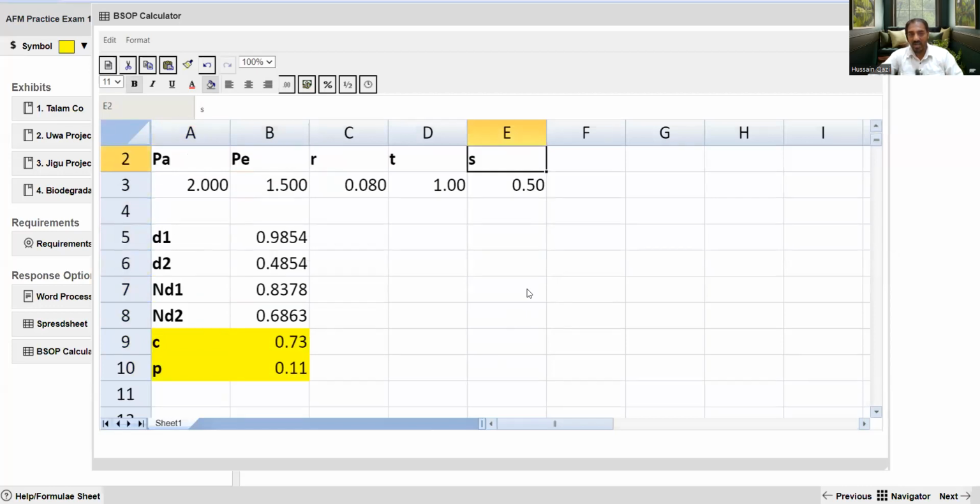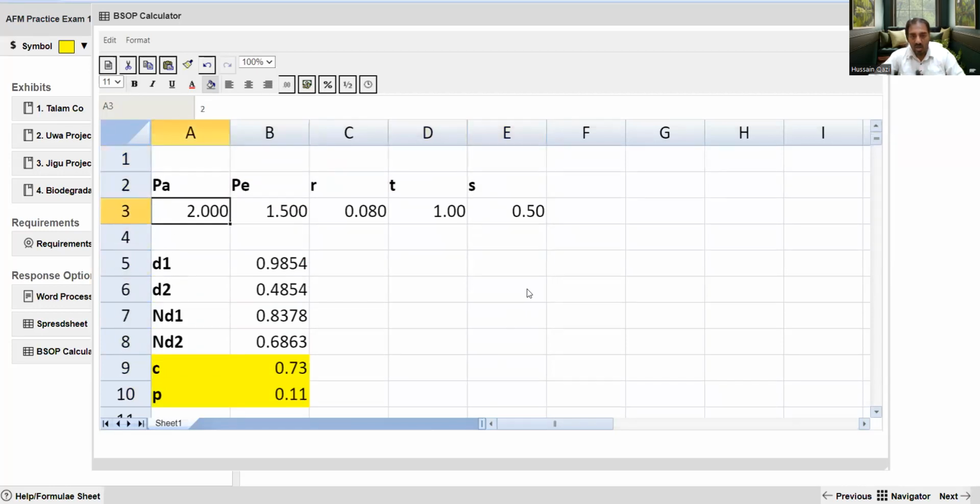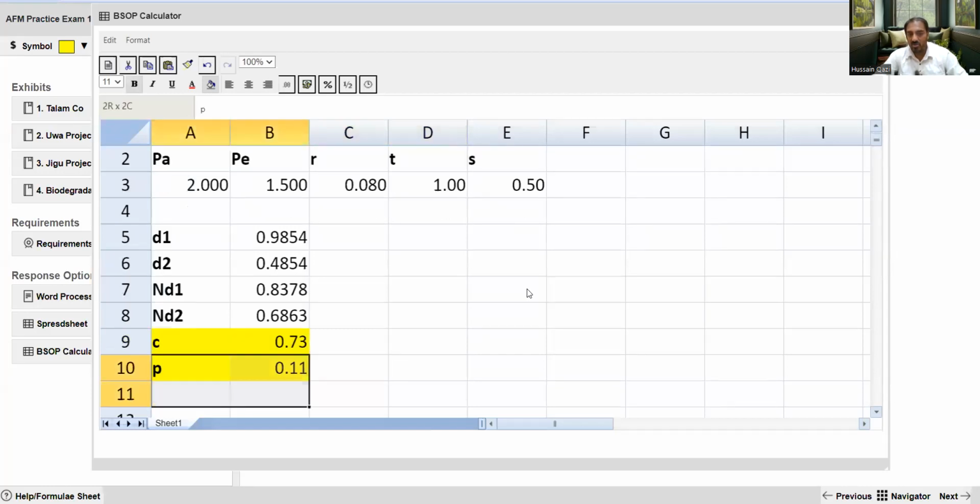Once again, we just incorporate the values 2, 1.5, 0.08, 1, 0.5, five variables. You will identify C stands for call option value, P stands for put option value.